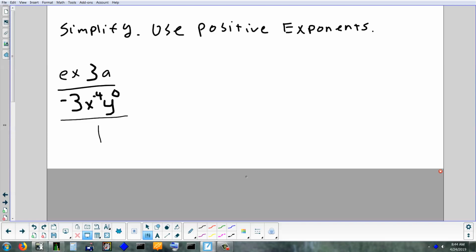What I would do personally, guys, this doesn't matter anymore. It's 1. We can just cross it out. Because what it means is negative 3x to the negative 4 times 1. It's still gonna be the same thing. So if you have anything to the 0 power that's included in an expression like this, just cross it out. It's gone. You're just multiplying the thing by 1. It's gonna end up being the same thing.